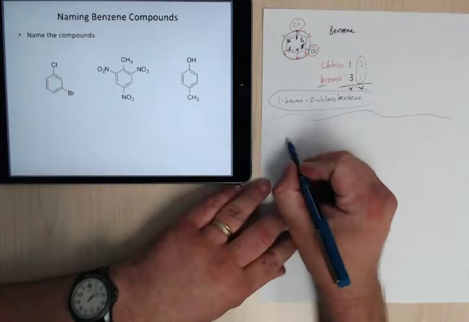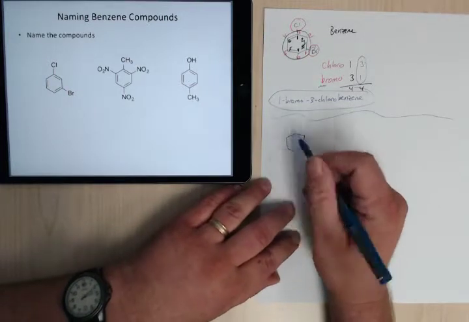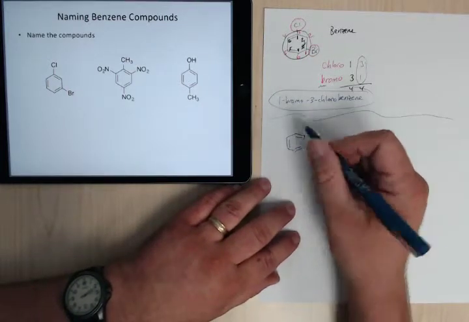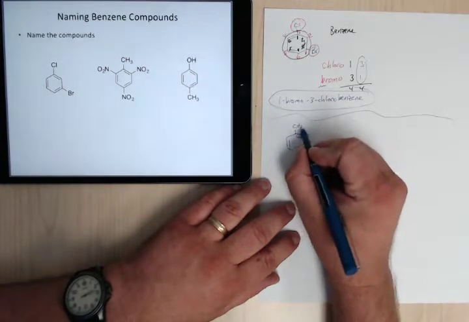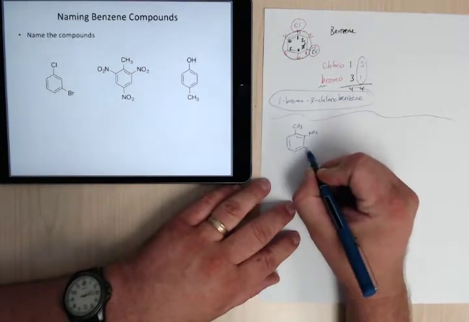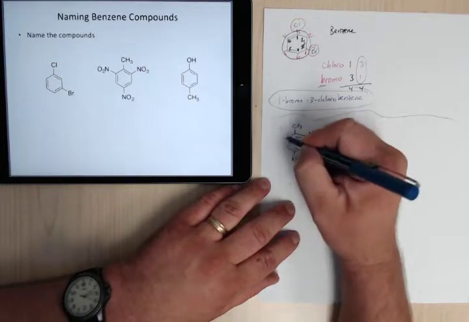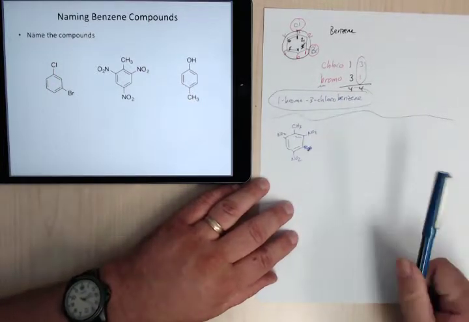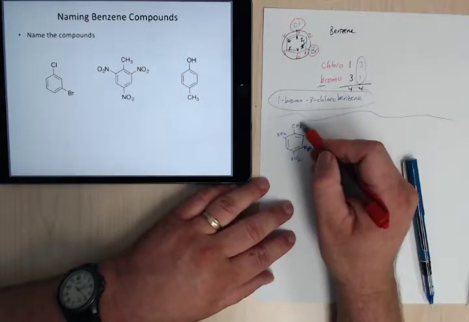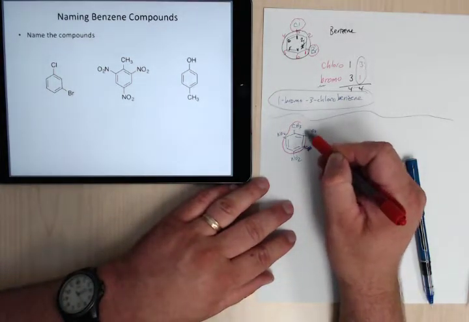Now for this one, okay, our base structure is actually this one here. So this is toluene.